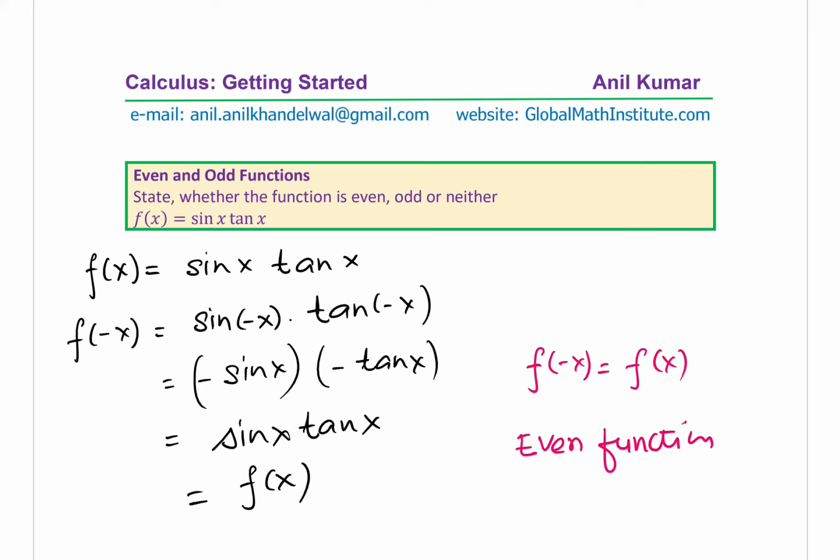Now it is very important to understand these functions even and odd. Even functions are the functions which are symmetric about y-axis, right? So you can solve one side and get the other side by reflecting it on the y-axis.